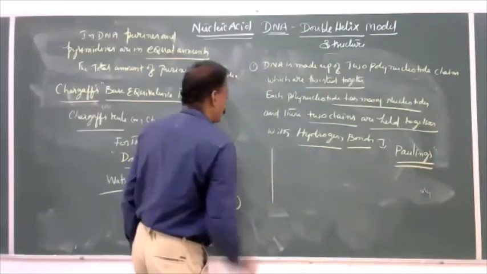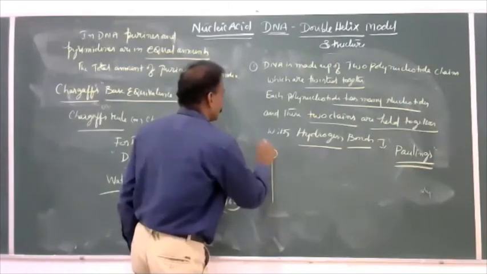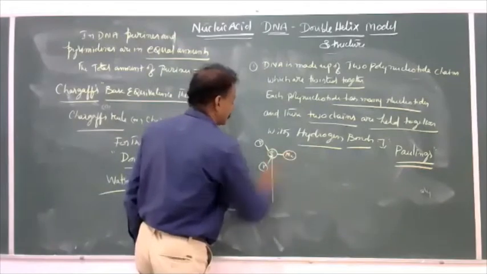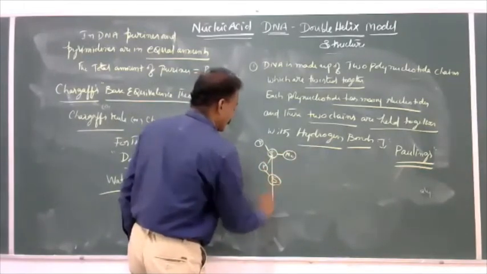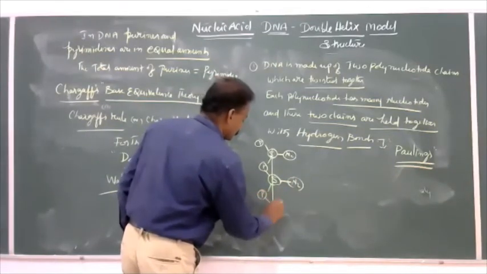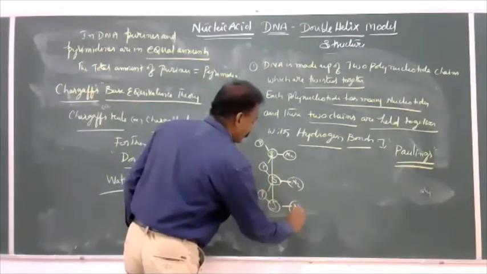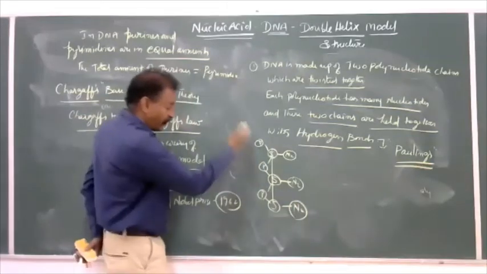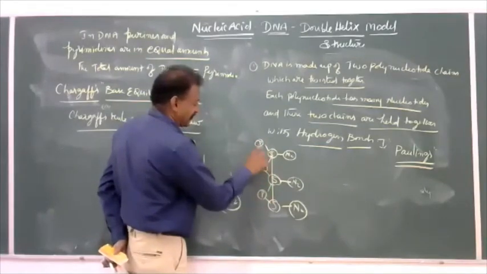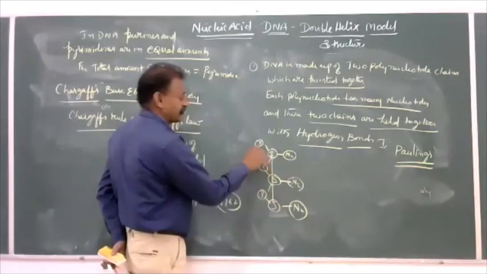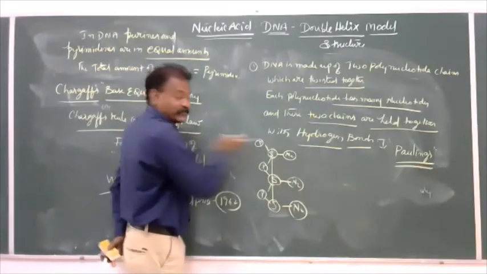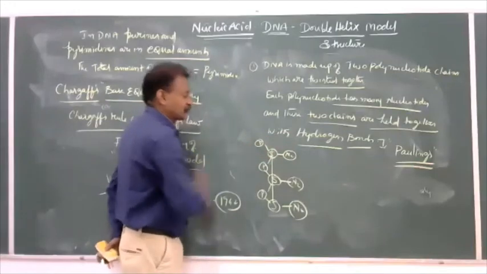This is one polynucleotide chain where sugar, phosphate, N2 base, sugar, N2 base, phosphate, sugar, N2 base, one chain. In one chain, always the backbone is sugar and phosphate alternating, sugar, phosphate, sugar, phosphate, sugar, phosphate, and it is called the backbone. And N2 bases are projecting inside. Here the question comes, what is inside?